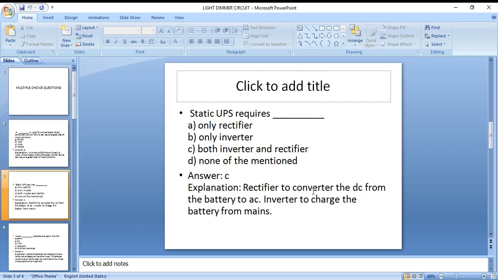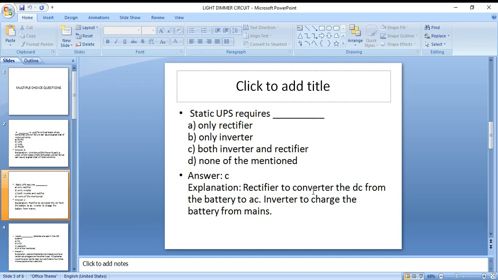Static UPS requires: option A, only rectifier; option B, only inverter; option C, both inverter and rectifier; option D, none of the above. In the conversion process in a UPS, first we have to convert AC to DC by using a converter.